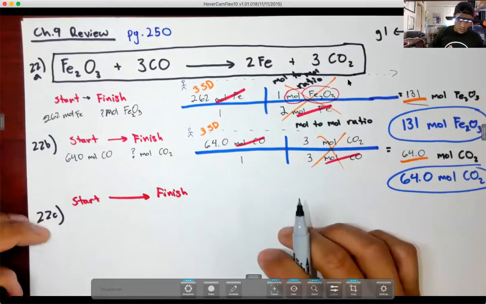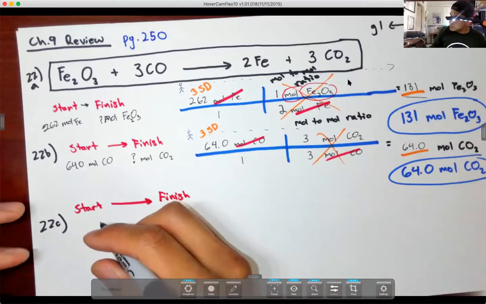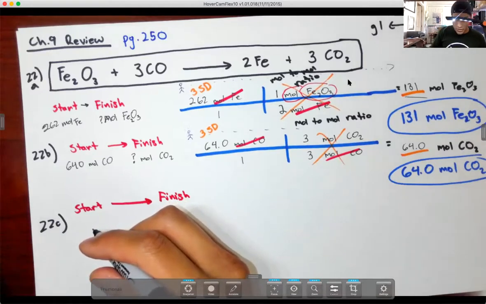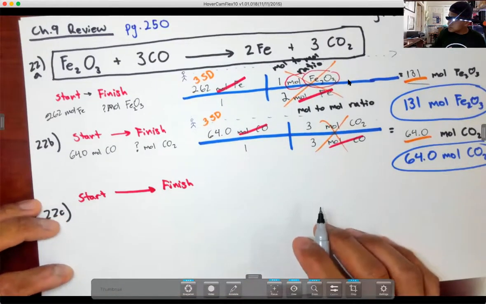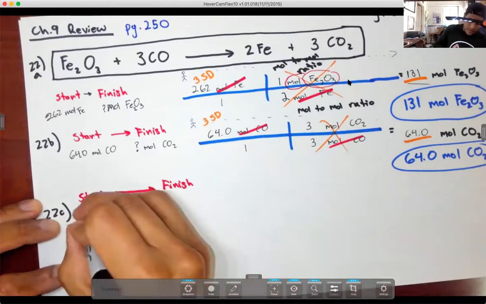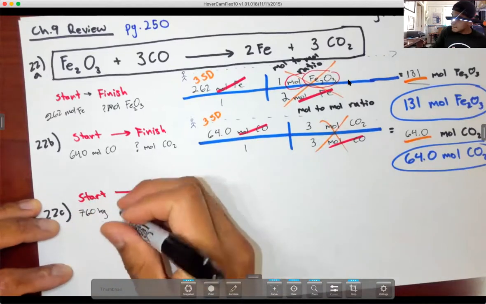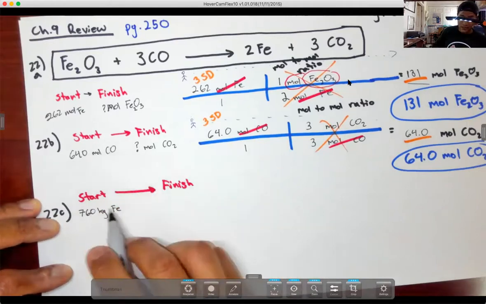Camille, what are we starting with? What's the value that we're given? 760 kilograms. Exactly, 760 kilograms of what? Of Fe, okay? And what are we finishing with?